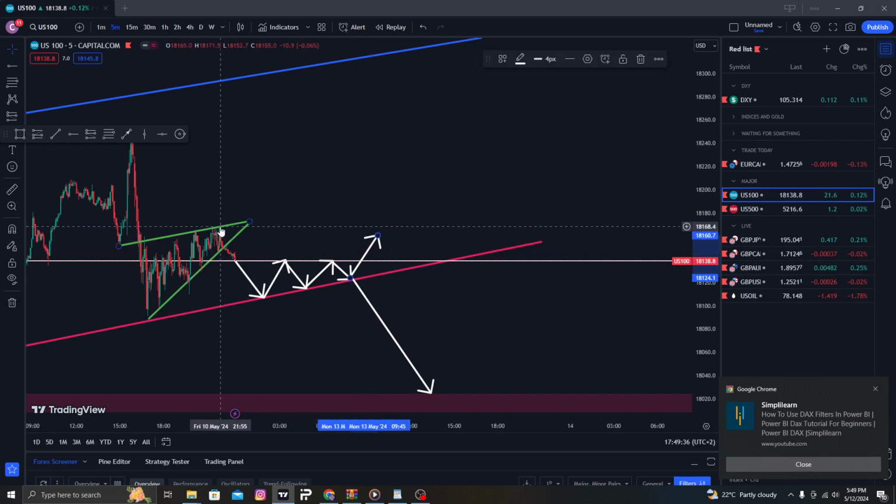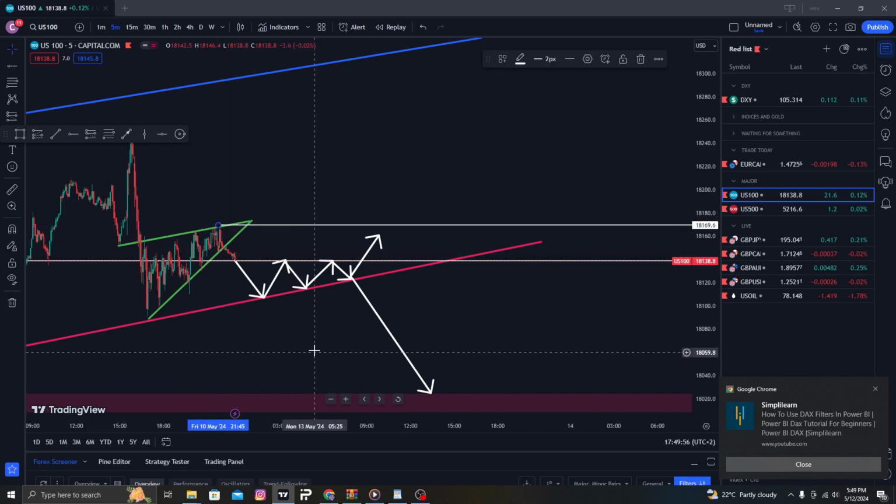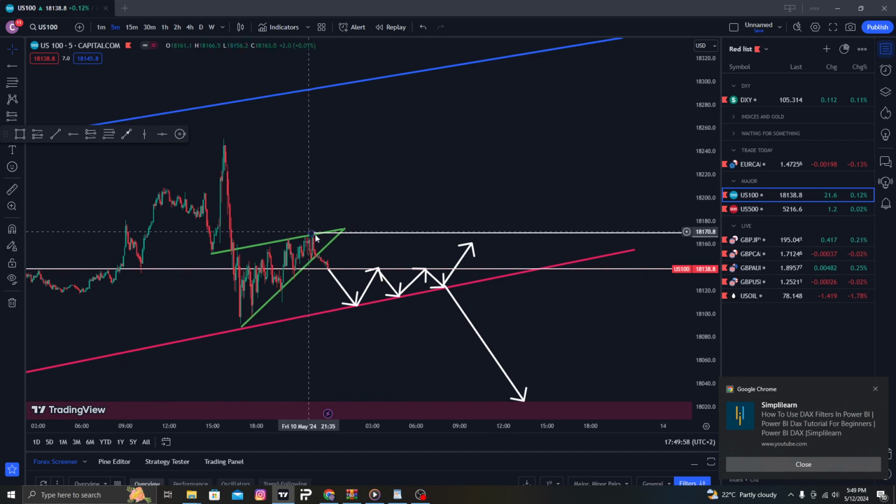When it breaks up, I'm going to have a retest level. And how do I judge a retest level? The closest level that prevents my price from going up is my retest point. So our closest point right now is this one here.